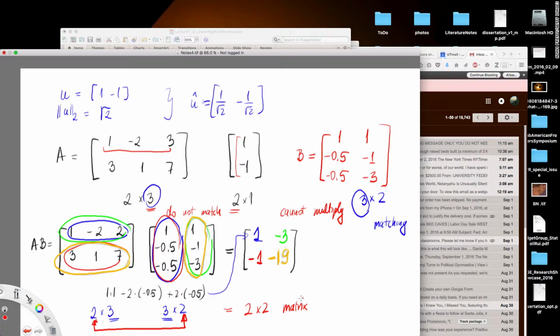So if I formalize this, let me now learn how to refer to the elements of a matrix. I'm going to refer to the elements of matrix A by row and column. A12 is going to be the element in row 1 and column 2.